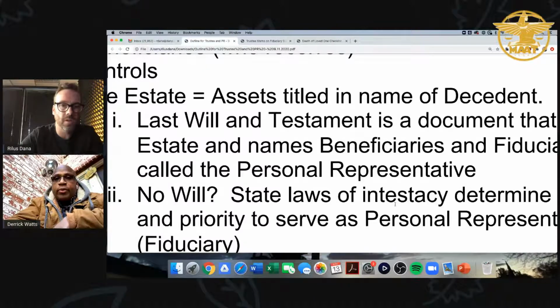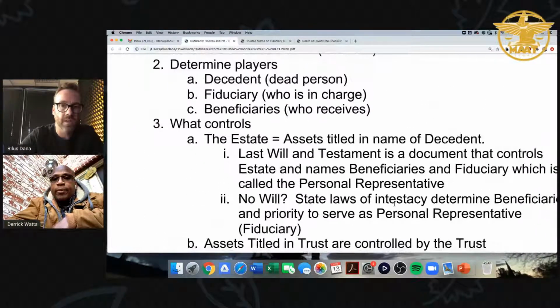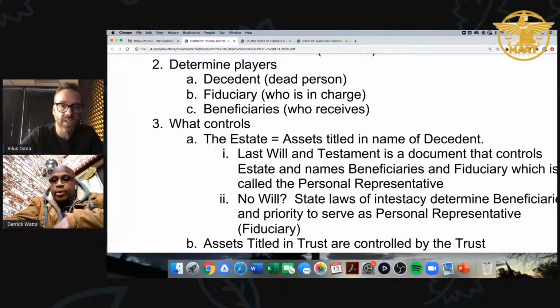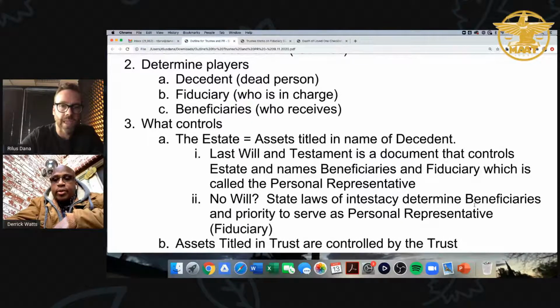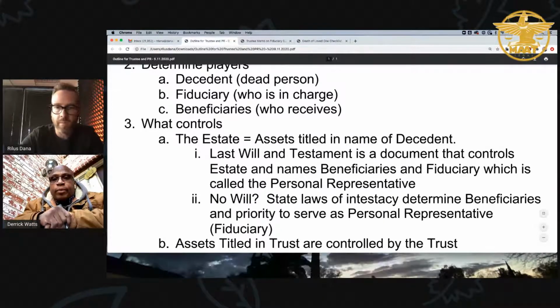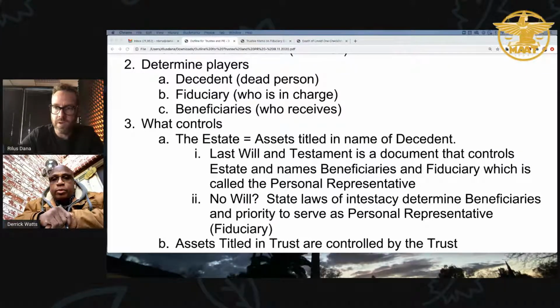So if there's no will, the state law determines the beneficiaries and who has priority to serve as the personal representative. That's what you have to figure out. So who's got the control? Let me pull up some of my other materials.